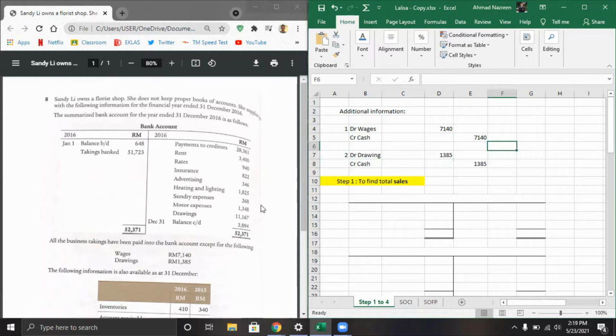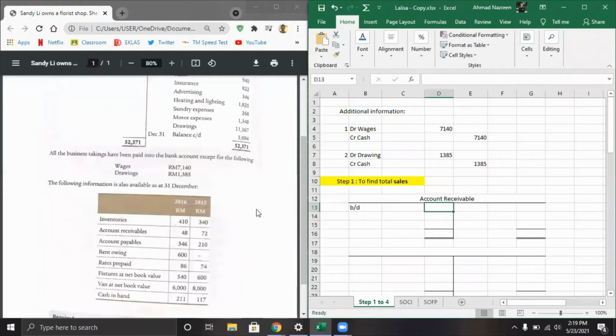So step one, you need to find the total sales. So Azrana, how are we going to do this? Okay, first we have to credit the balance b/d, which is 117, in cash in hand. The title for the ledger is cash in hand. Balance b/d is 117.